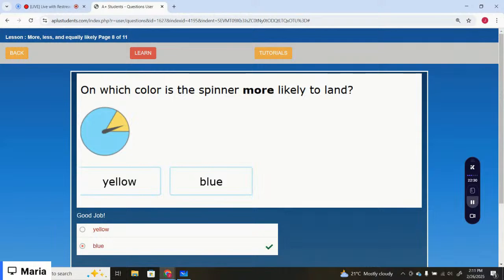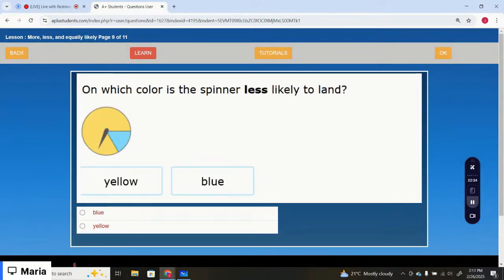Option number 2 is the correct option. On which color is the spinner less likely to land, yellow or blue, which is the correct option?